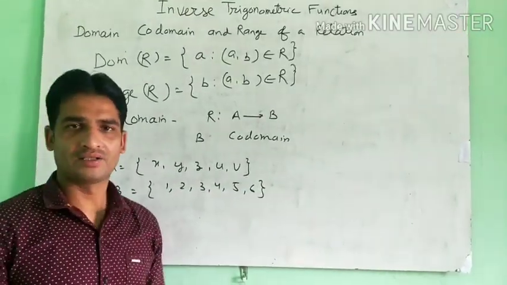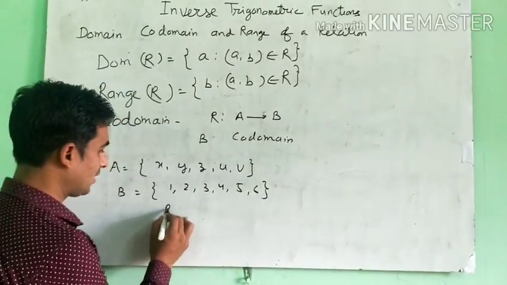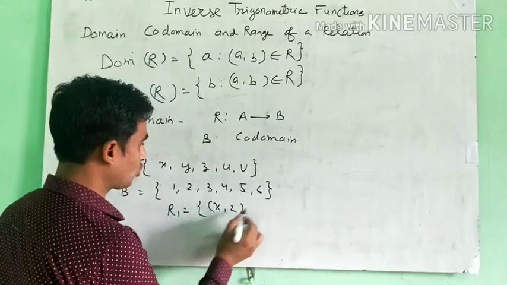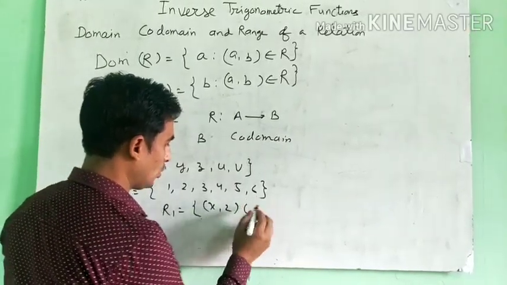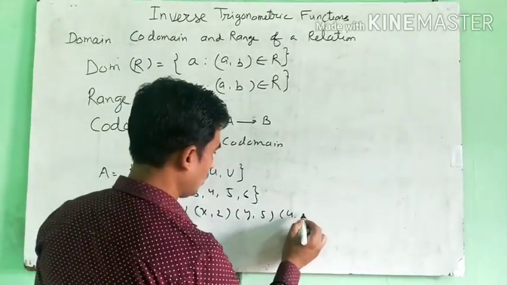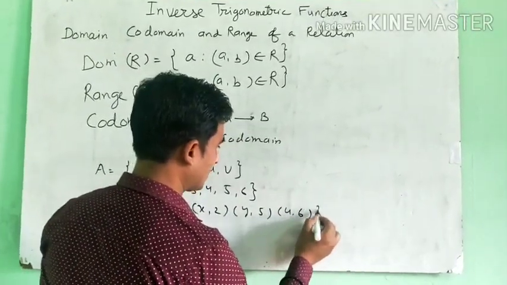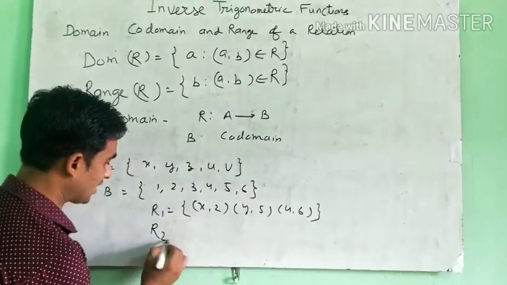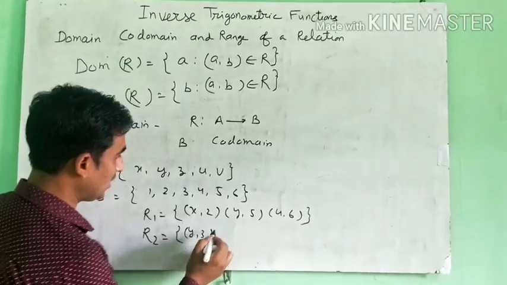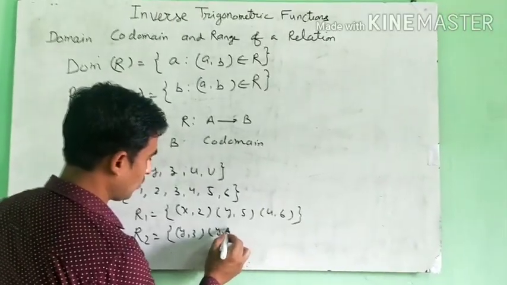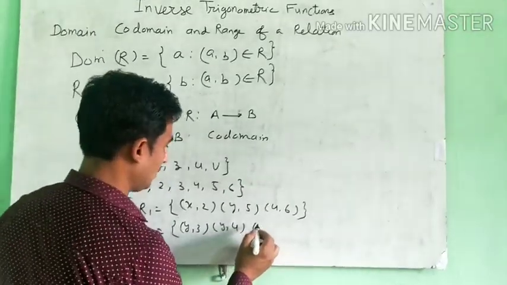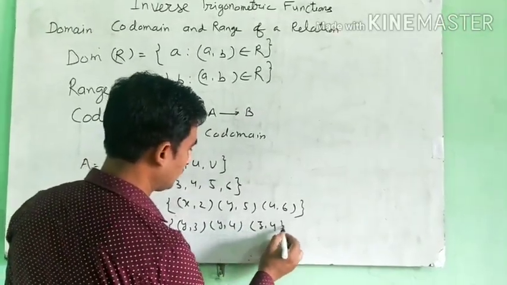Now I write some relations. R1 is equal to (X,2), (Y,5), (Z,6), and another relation R2 is (Y,3), (Y,4) and (Z,4).